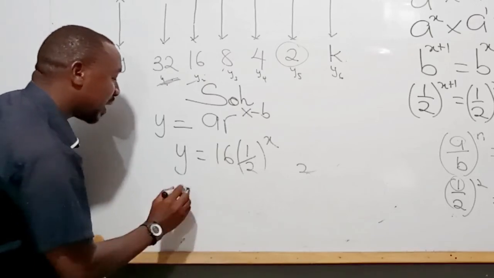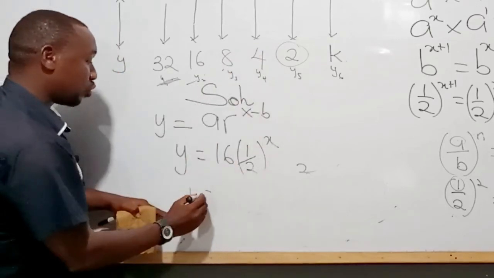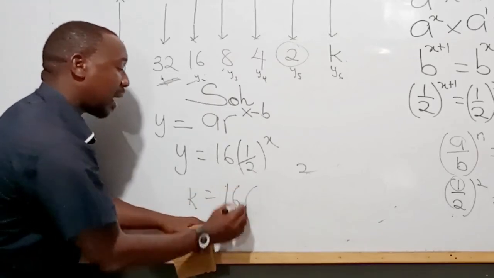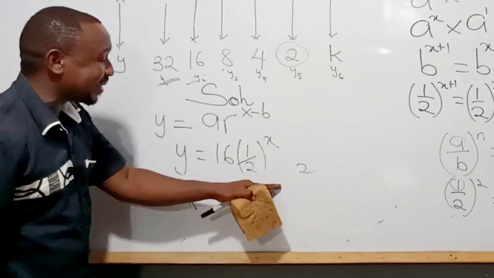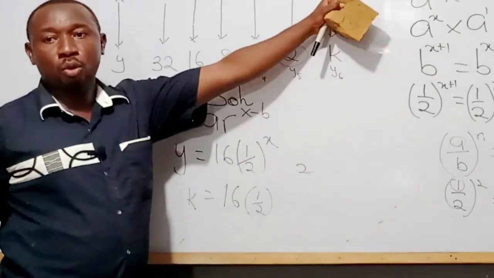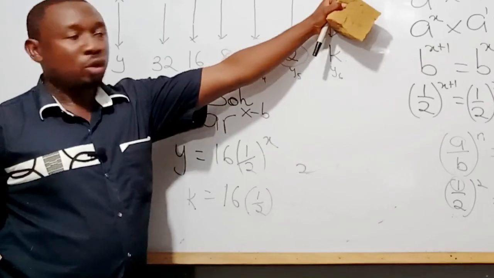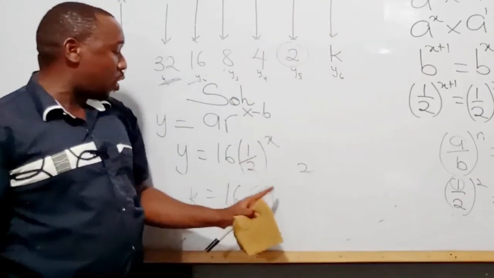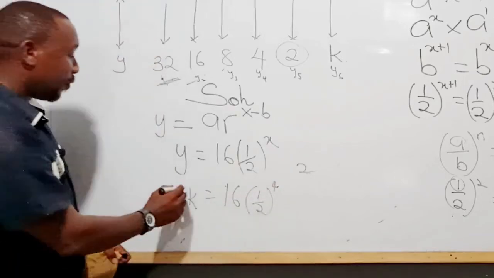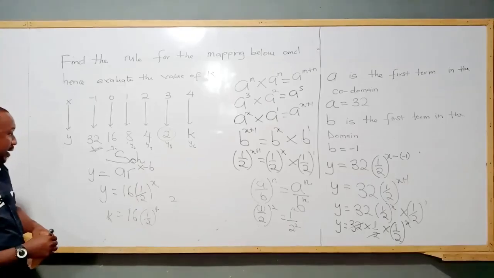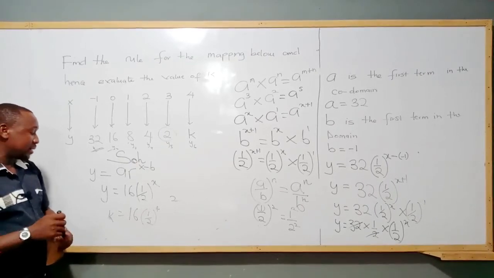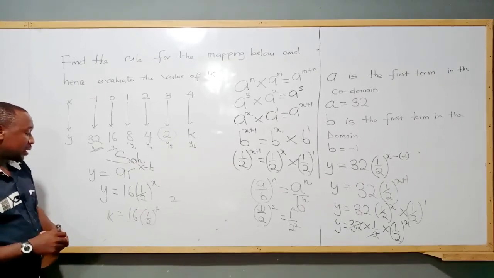So we have k is equal to 16 half to the power x. What is x in this case? X is 4. So by substituting 4 in place of x, you use it to find the value of k.